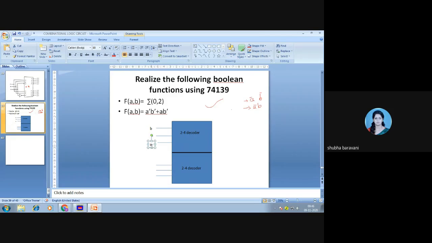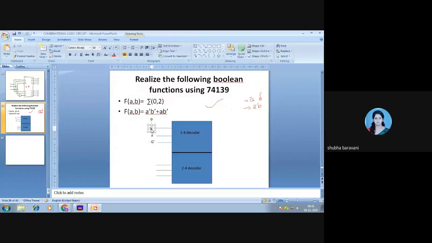I'll take this as enable G dash. Is that understood now? How I am designing? Yes, ma'am.